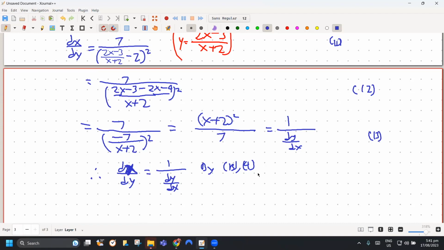Okay, so yung next, sige, itong number 24, for additional practice.